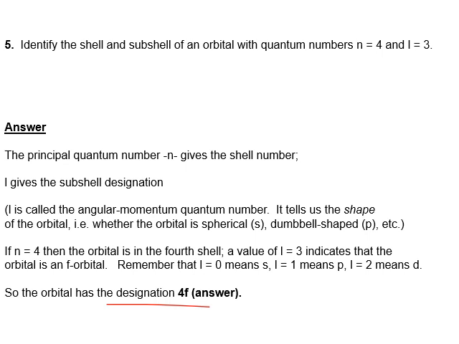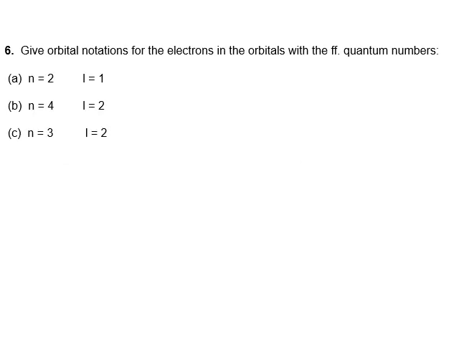Okay, next slide. Now they want us to do orbital notations for the electrons and the orbitals for the following quantum numbers. So let's do these one at a time. N is 2, so this is going to be 2 something, and L is 1, so that's P. Let's rewrite S, P, D, F, because the more you see it, the more you'll tend to remember it.